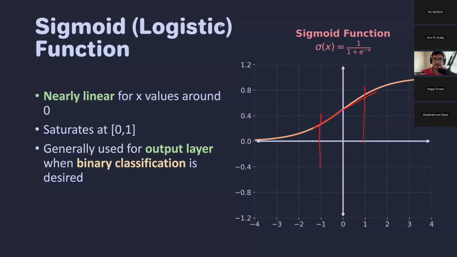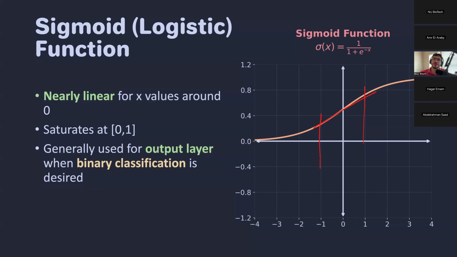Okay? So the sigmoid function, or we also call it the logistic function because it was used for logistic regression all the time. If you've done any logistic regression, you will realize that this looks very familiar. Generally, we only use this activation function when we're passing the data from the last hidden layer to the output layer if we're interested in doing a binary classification.